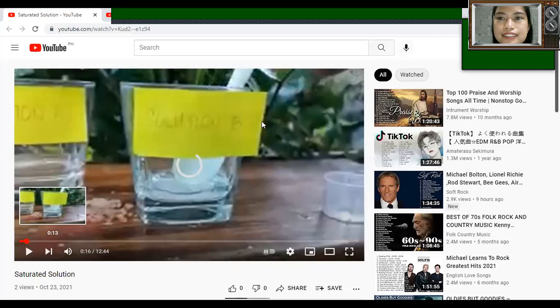So we can see in procedure 2, here it is. The solution A, you can see clearly the appearance is still clear and there's no sugar that is undissolved.